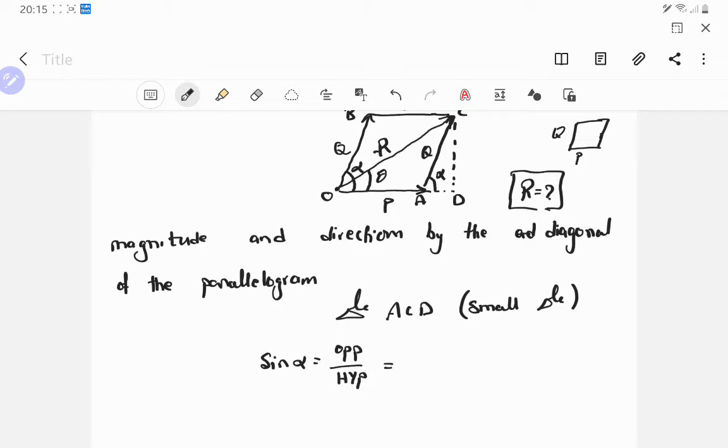The opposite side is CD and the hypotenuse is AC. We have AC equal to Q and we have to find CD. Sine alpha is equal to CD by Q. That implies CD is equal to Q sin alpha.